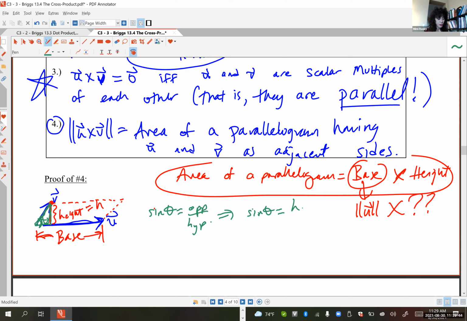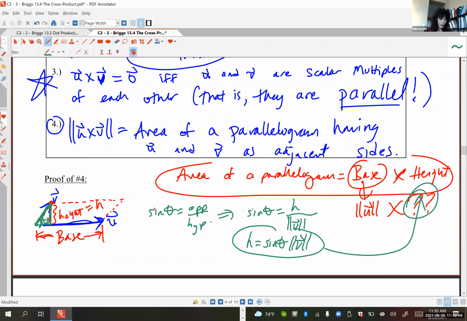That'd be my H, my height that I wish I had, divided by the hypotenuse, and that is simply the magnitude of V. So if I solve this formula for H by multiplying both sides by the magnitude of V, I finally have my height. So I can substitute it right here. So what do I have now for my area? Because that's not looking like what I need. Well, it is an alternative though.